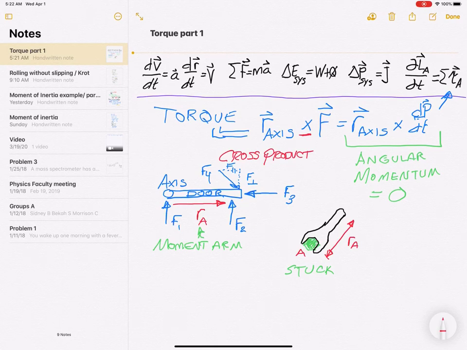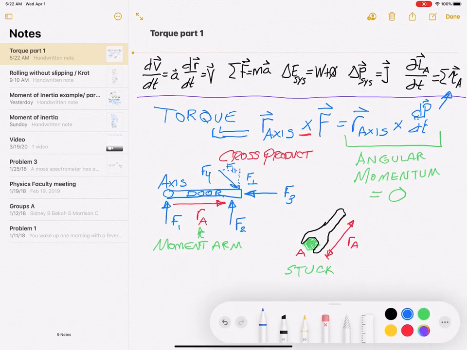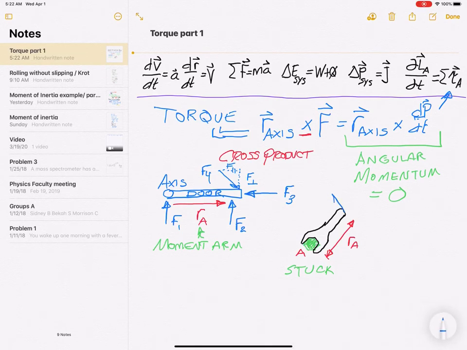What you do to break it open is you apply a force. And you usually do this somewhere near the end of the wrench. But there's really only so much force that you as a person can apply.